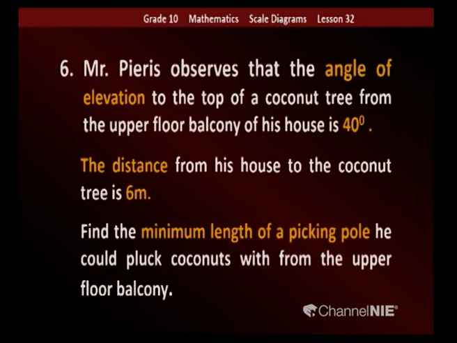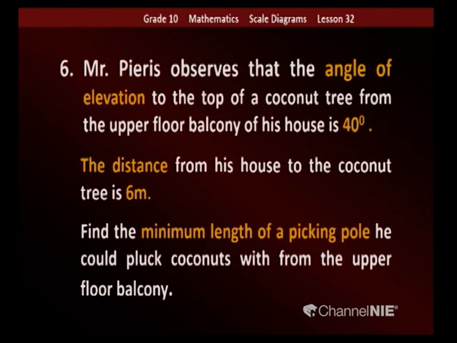Mr. Pires observes that the angle of elevation to the top of a coconut tree from the upper floor balcony of his house is 40 degrees. The angle of elevation is 40 degrees. The distance from his house to the coconut tree is 6 meters.